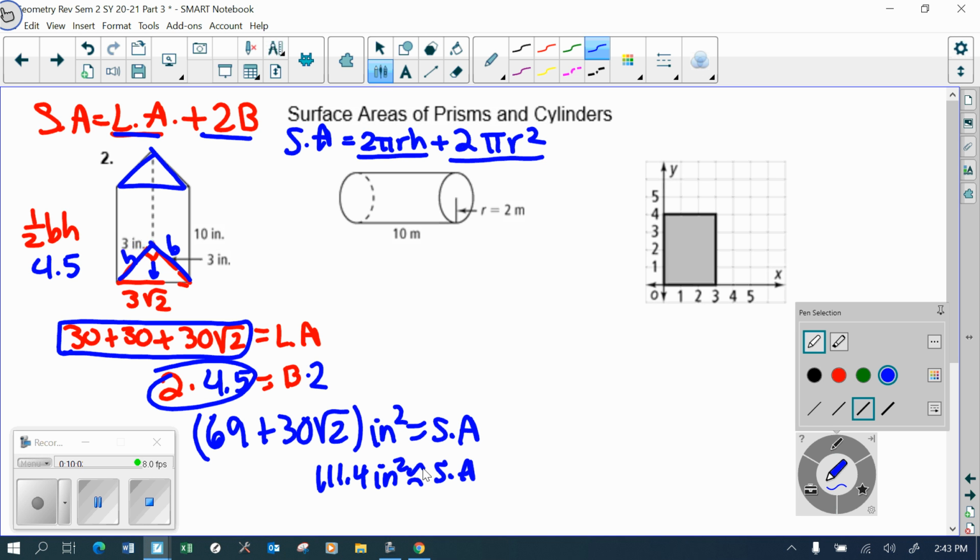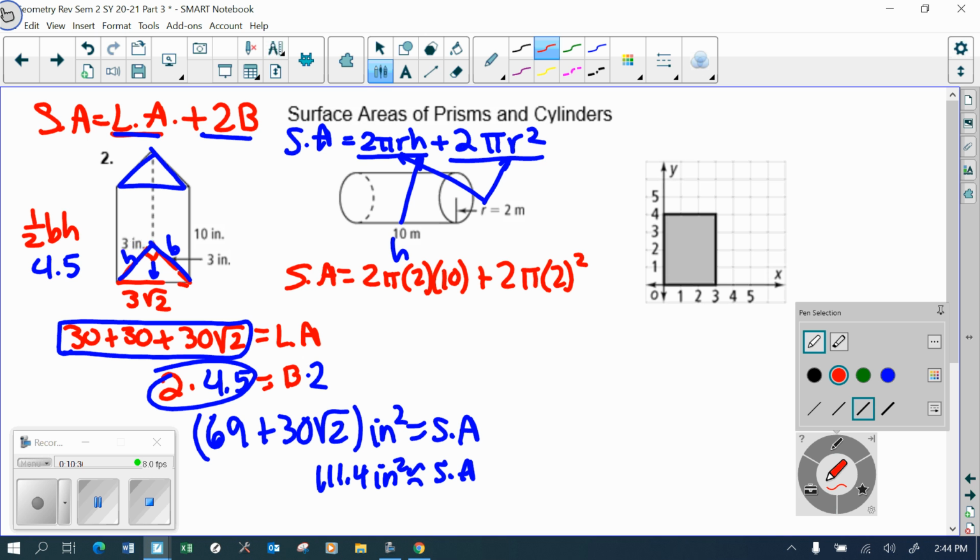So we have all the information we need. We just plug in r is 2 right there and there, and height 10 right there. I want you always writing down the formula first, and then right underneath it, plug in the numbers. So surface area equals 2 pi, r is 2, h is 10, plus 2 pi, r is 2 squared.